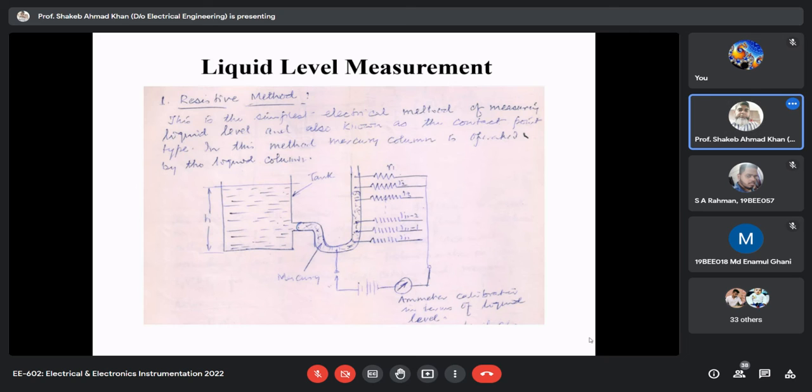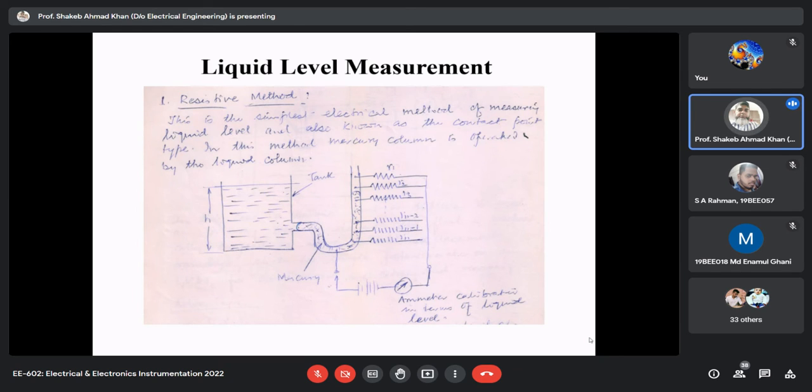Then I'll discuss the capacitive technique for the liquid level measurement. Now this diagram is self-explanatory.